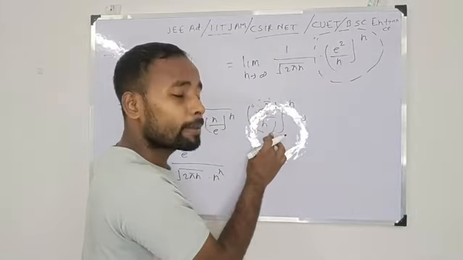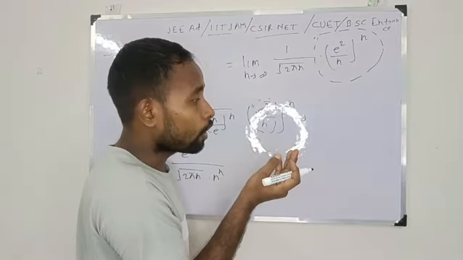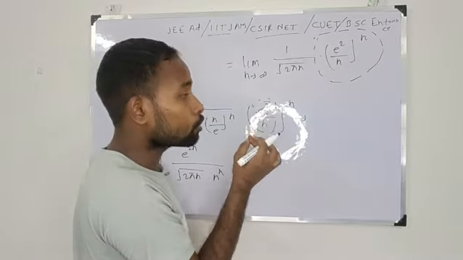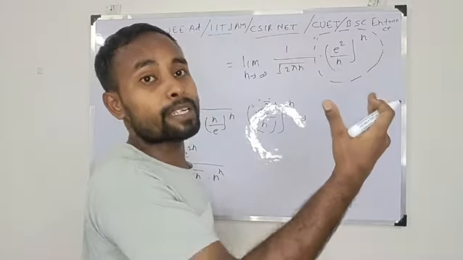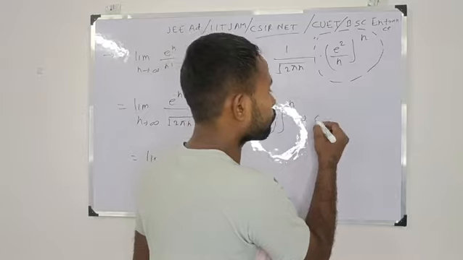If you divide this number by infinity, it approaches 0, and 0 to the power of a very big number definitely approaches 0.